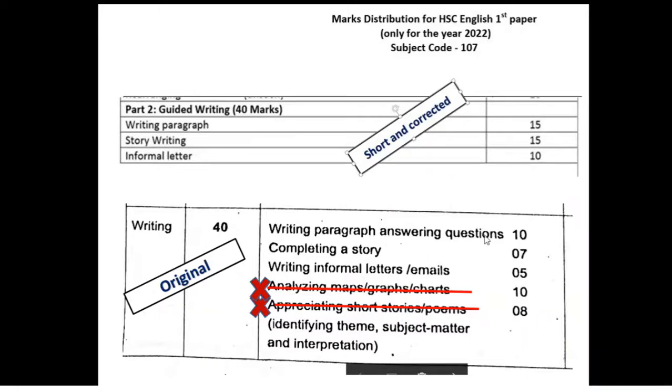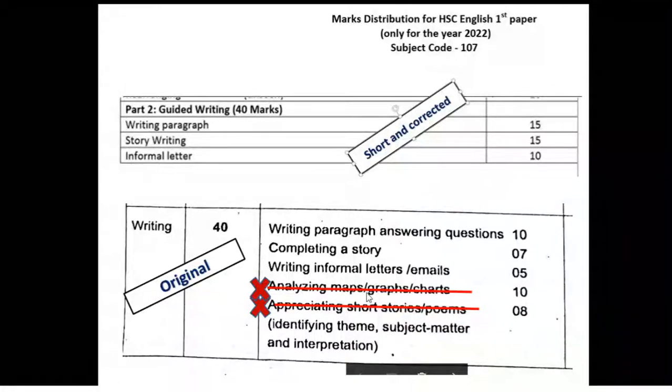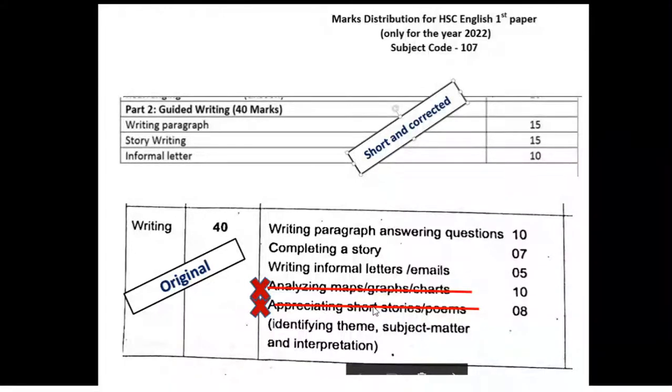Paragraph writing 10 marks, informal letter or email 5 marks, analyzing maps, graphs or charts 10 marks, and appreciating short stories or poem 8 marks.